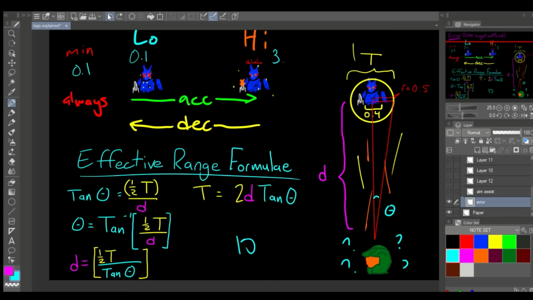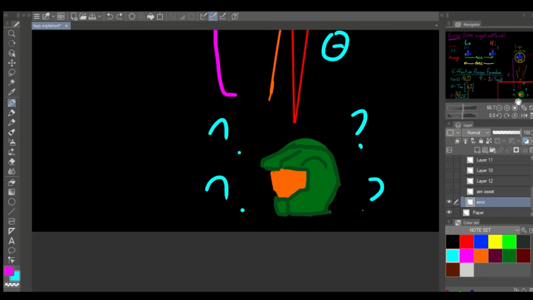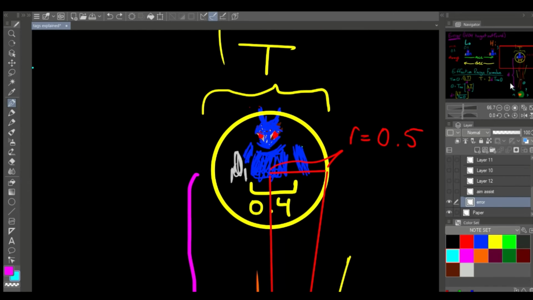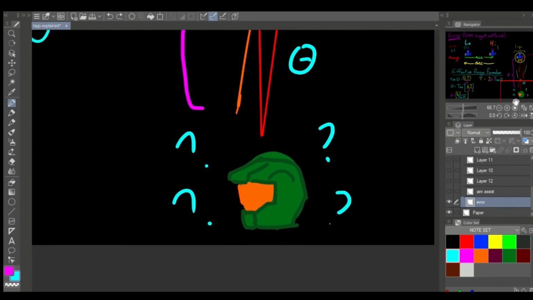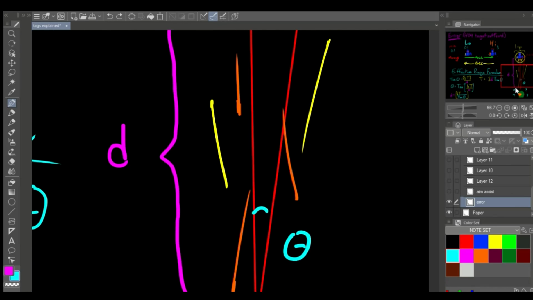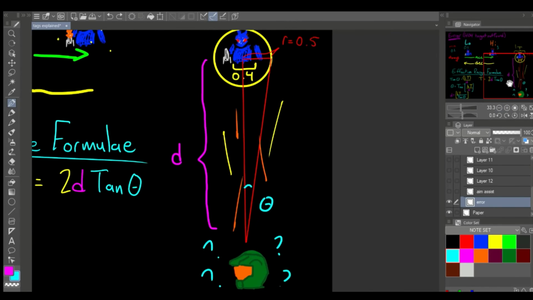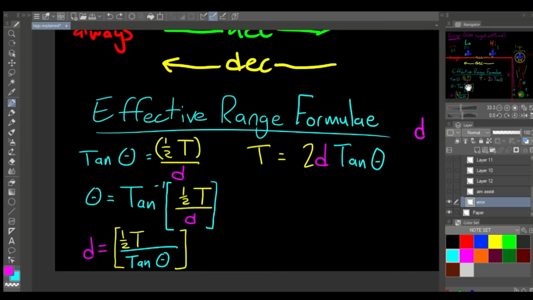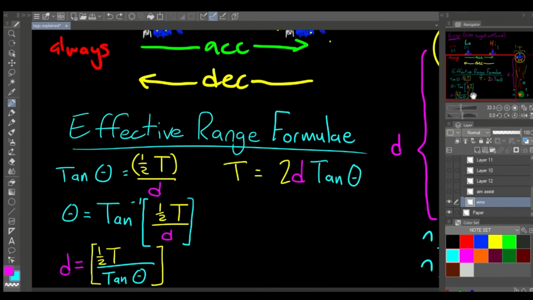I'm going to try and explain this because I did draw a nice picture where we have the Master Chief and a brute who is his target, and he's confused because he's seeing all these letters and numbers, and Master Chief doesn't do math. He does violence. So here is the generic formula.